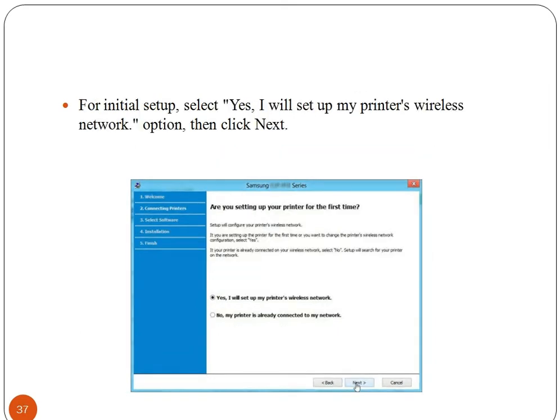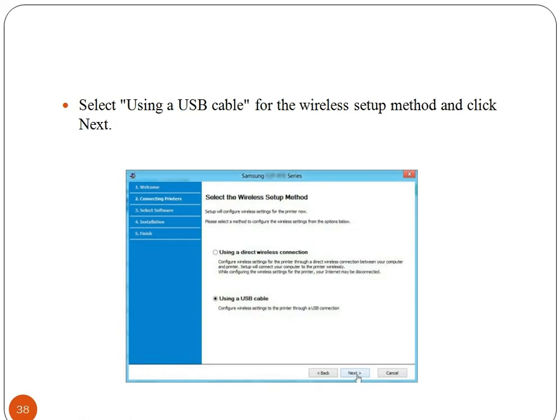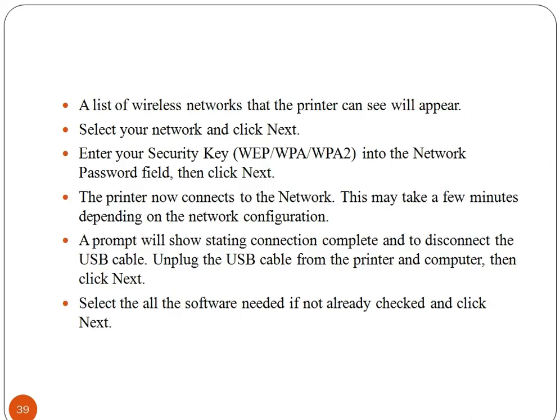Select Yes, I will set up my printer's wireless network, and then click Next. Here select using a USB cable for the wireless setup method and click Next. Now select your network, click Next, and enter your security key. Your printer now connects to the network.